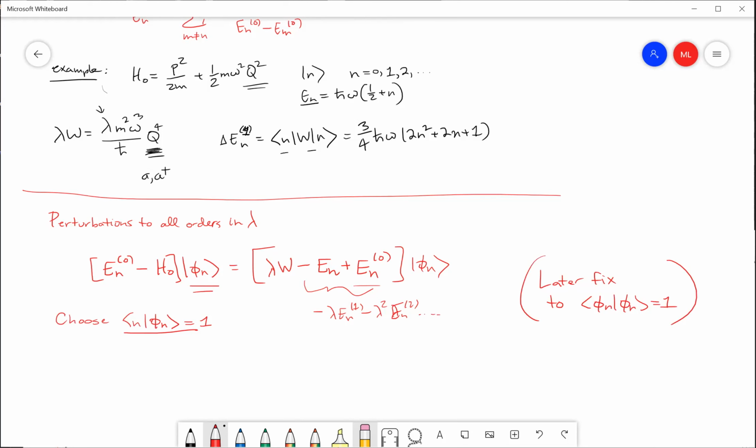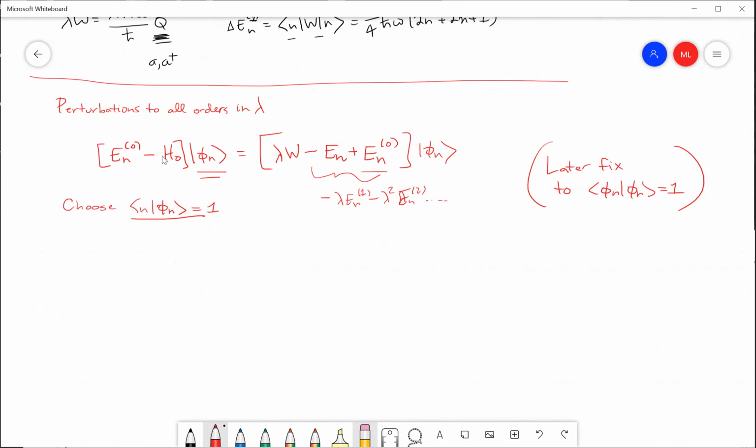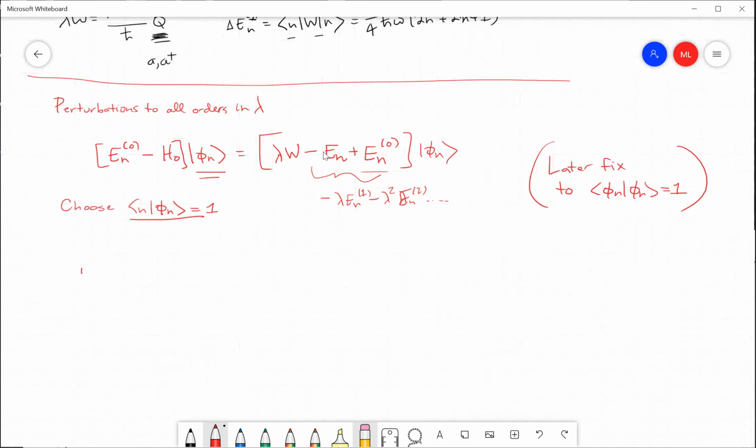First of all, I can act with both sides of this equation, on the left by ⟨n|, and on the right-hand side, I'll get phi n 0 minus... so if I act with it on ⟨n|, right, I'll just get 0 here.